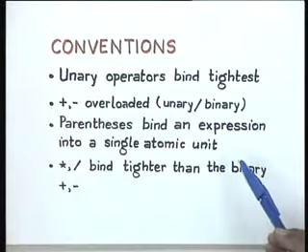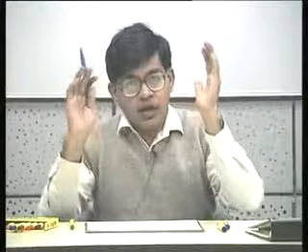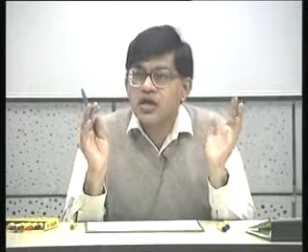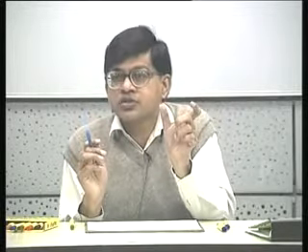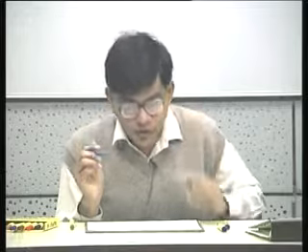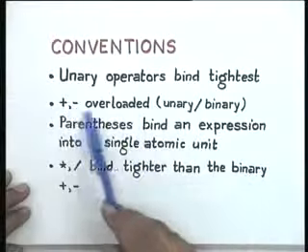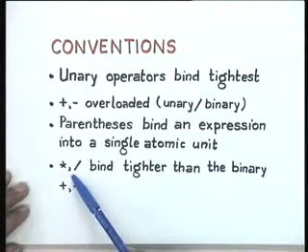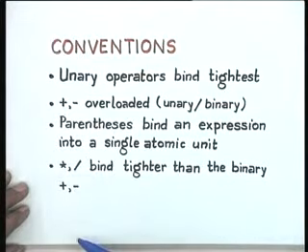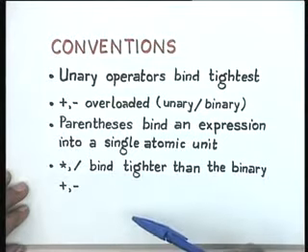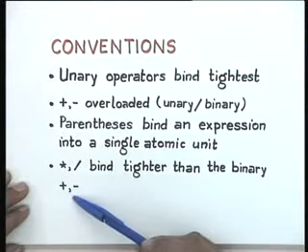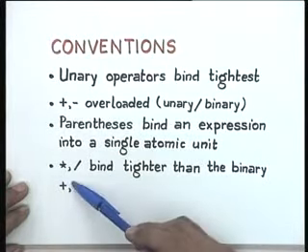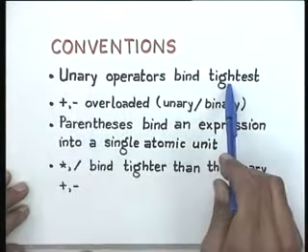So if you have a unary operator and a large expression enclosed in parentheses, then it's the negation of that entire expression and not of the first symbol after the left parenthesis. And plus and minus are of course overloaded, and the normal mathematical convention is that multiplication and division bind tighter than the binary operators plus and minus. However, multiplication and division lose precedence over the unary operators plus and minus.